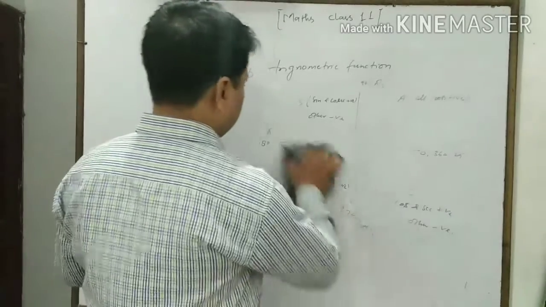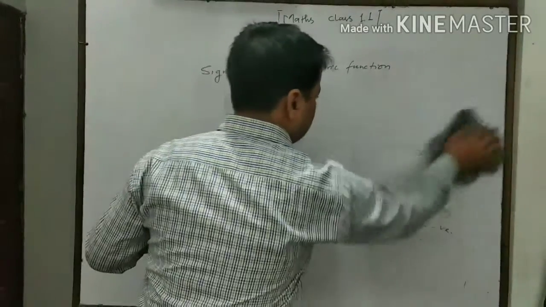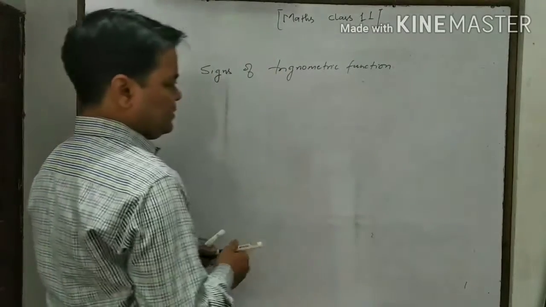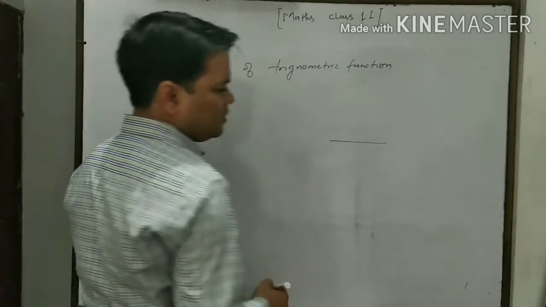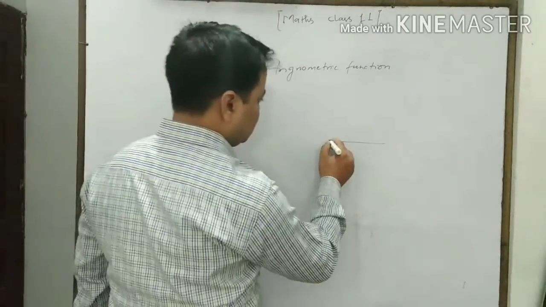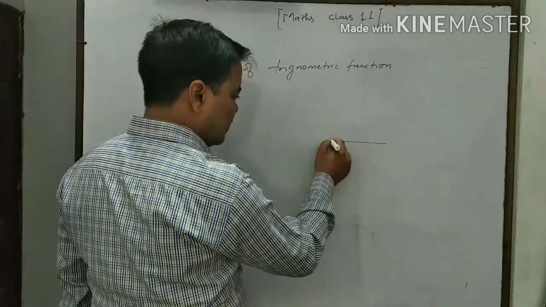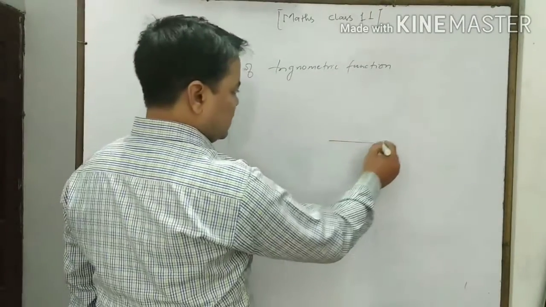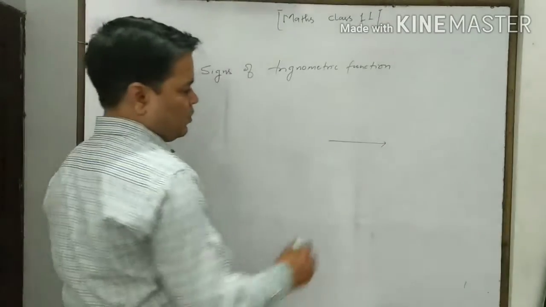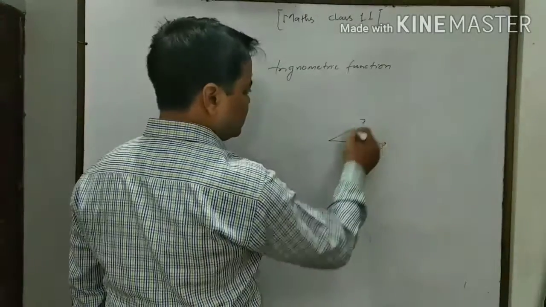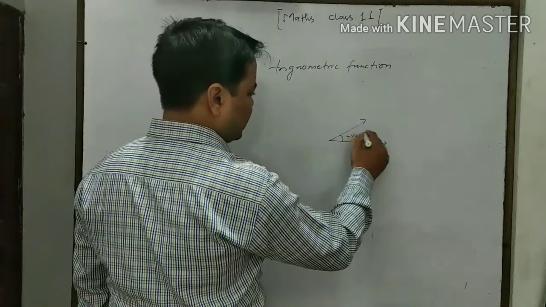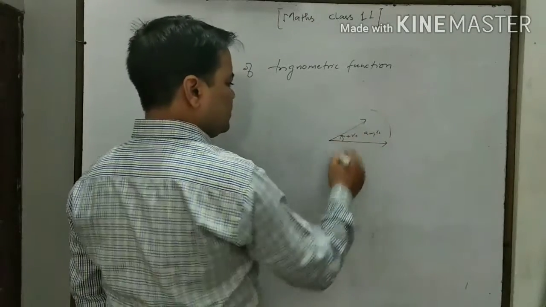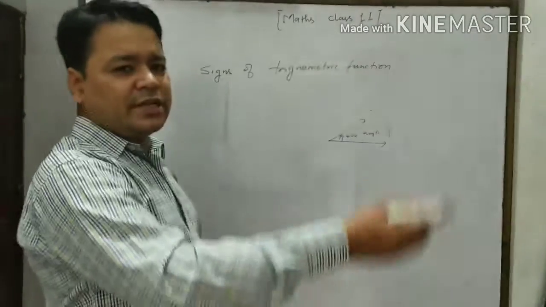Now after that, I want to tell something about the angles. Here, if the angle is like this, means in anti-clockwise direction, then this angle is positive value. Why? The movement in this side, means anti-clockwise direction.